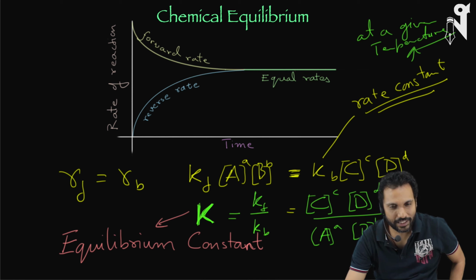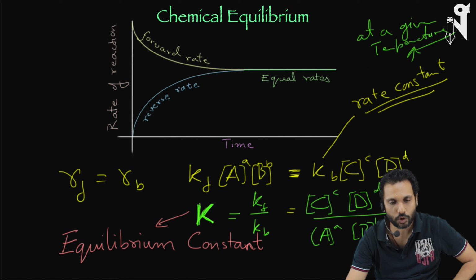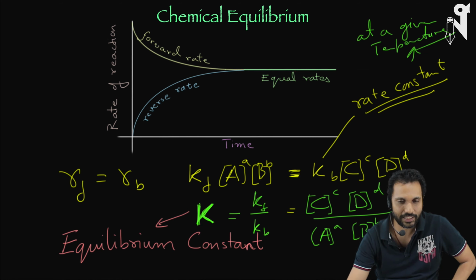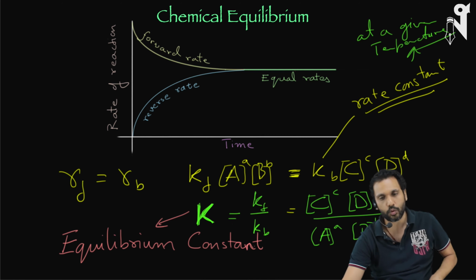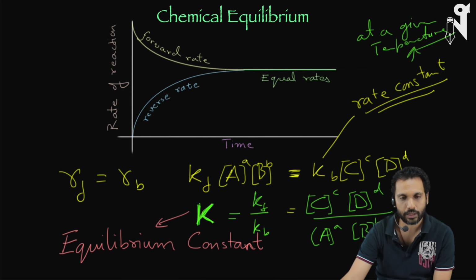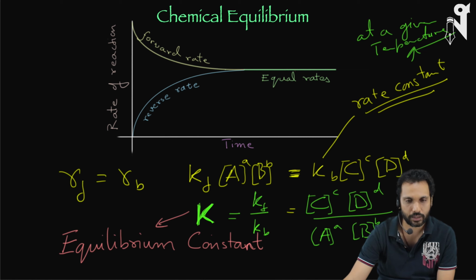So it is a constant irrespective of the concentration of C, D, A or B. It is a value which is always the same at a given temperature. The K never changes at a given temperature. So this is what we are to play around with in numericals in this chapter onwards.